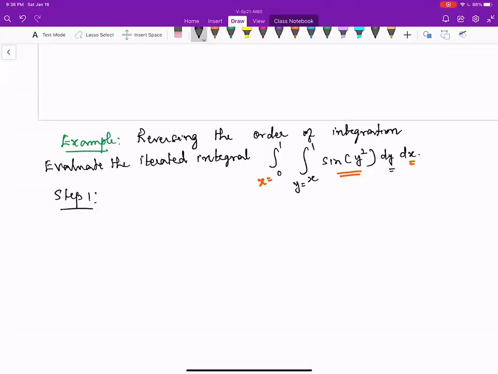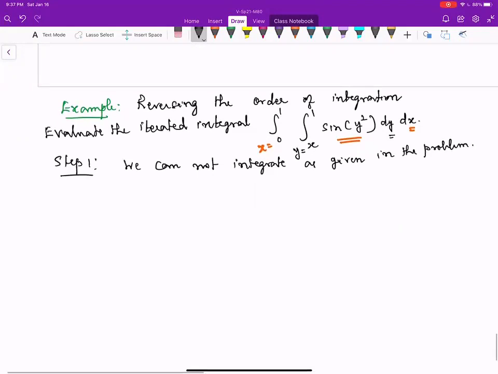If we keep the limits as given in the problem, we cannot integrate. So what do we do?